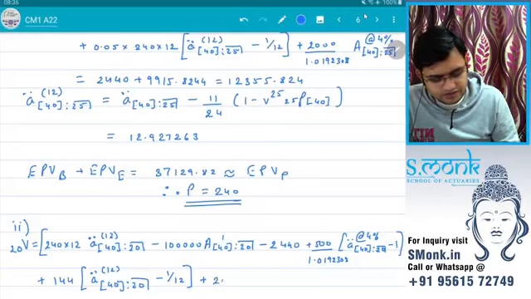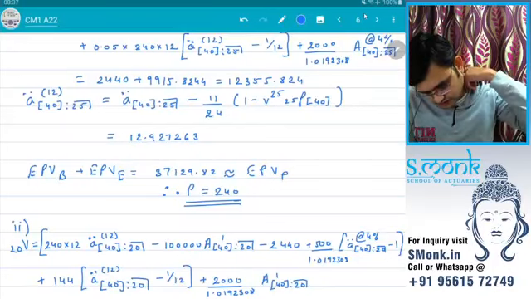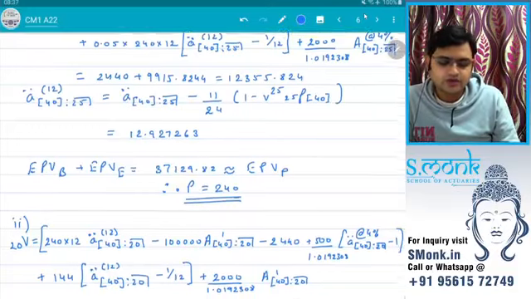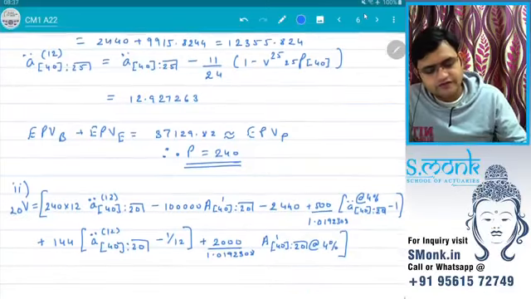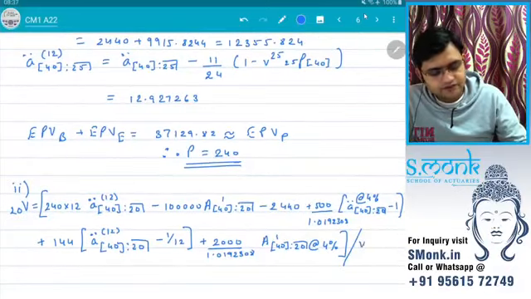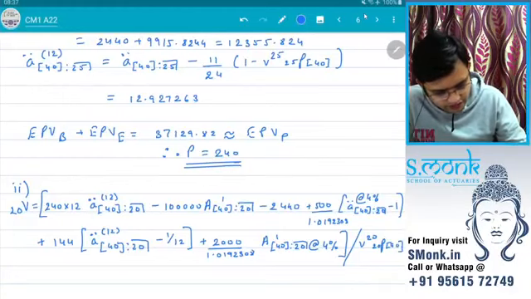And plus 2000 on 1.0192308, A select 40 20. This will be dash, because the claim would happen only at death, as there is no maturity till this time, at the rate of 4%. And then we will have to divide this by v raised to 20, 20p select 40.